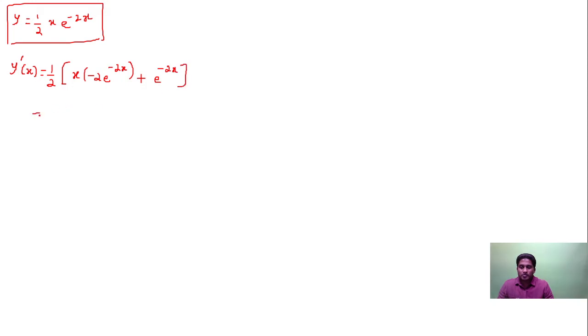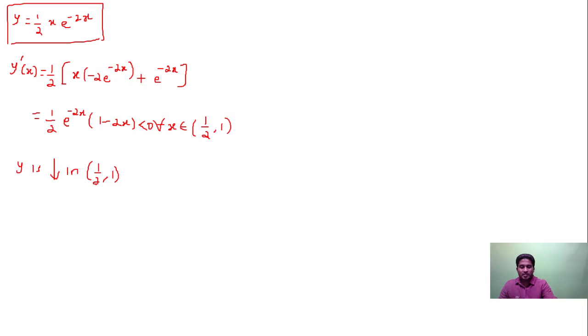So this is equal to 1 upon 2, I'll take e to the power of minus 2x common, left out is 1 minus 2x. Obviously this is less than 0 for all x belonging to half and 1. Between half and 1 you put any value, this is less than 0. So y dash is less than 0. Therefore y is decreasing in the open interval half and 1.